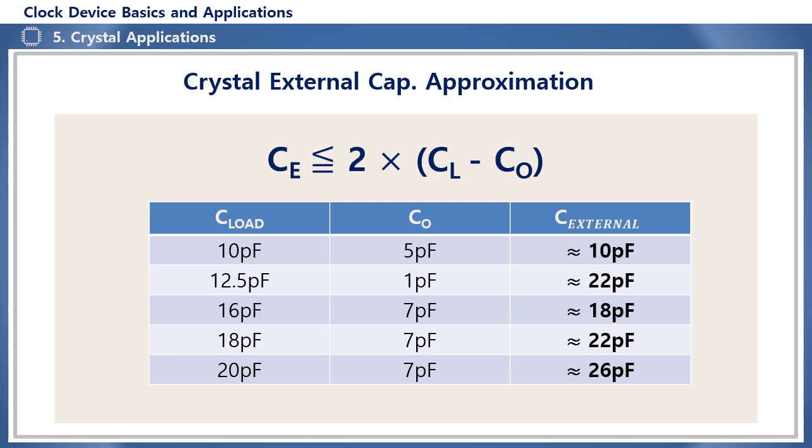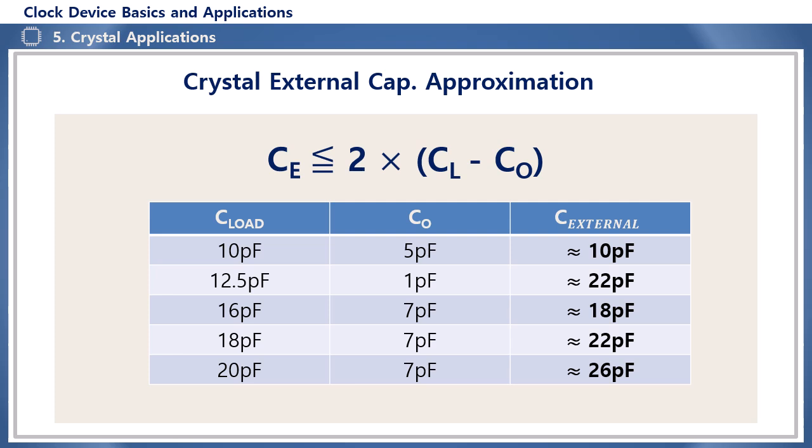Here, considering the stray capacitance due to the PCB pattern of the crystal pin, it should be set slightly lower than the value according to the relationship. For example, if the load capacitance is 18 picofarads and the shunt capacitance is 7 picofarads, then 18 minus 7 is 11 picofarads, so you can specify a value less than 22 picofarads as the external capacitance value.